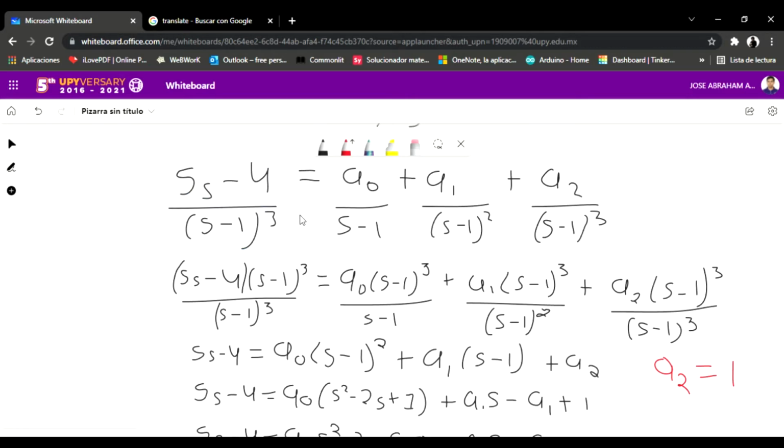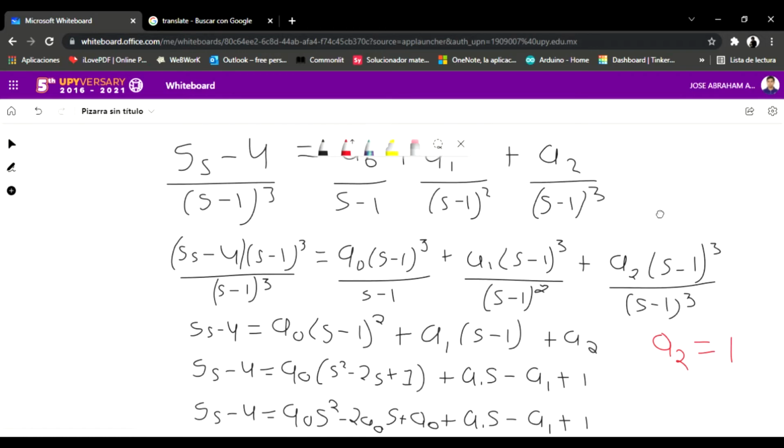Then we have a0 over s minus 1 plus a1 over (s minus 1) squared plus a2 over (s minus 1) cubed, which is the level of each s minus 1. For that reason, we have one s minus 1 here, two here, and here s minus 1 three times.